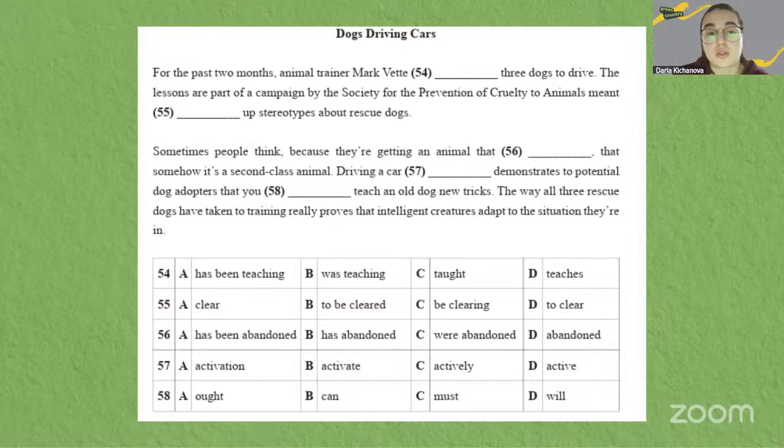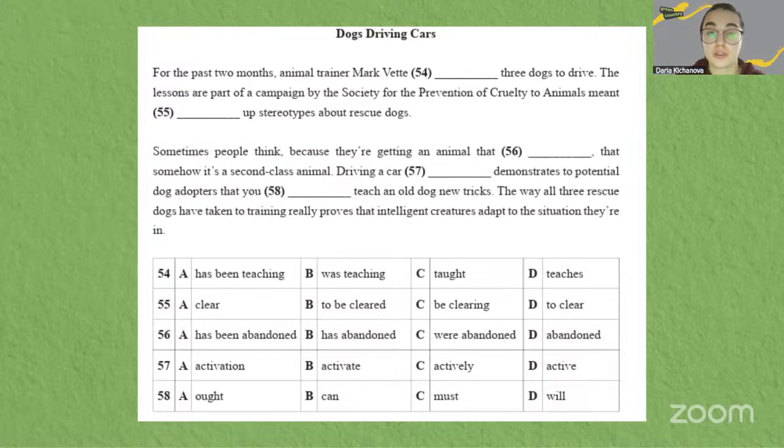For the past 2 months, animal trainer Mark with 3 dogs to drive. If we use the strategy of asking questions, we need to start with what? Is this action in the past, in the future, or in the present? We may understand that it started in the past, because for the past 2 months, but it is still continuing.